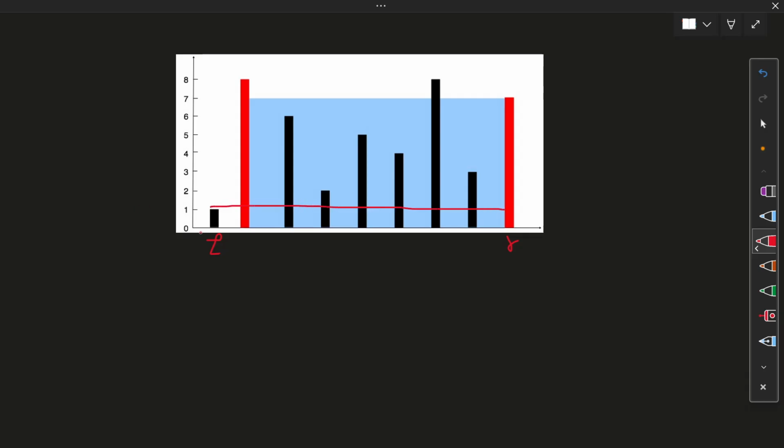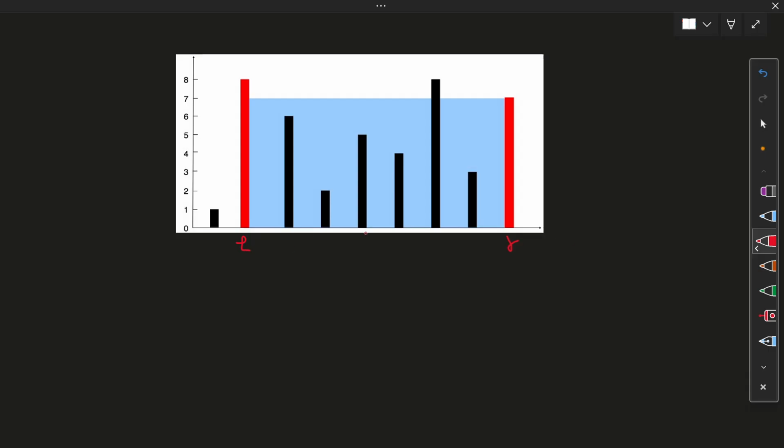The minimum height is this pillar, so the height is 1, and the width is 1, 2, 3, 4, 5, 6, 7, 8. So the amount of water stored between these pillars is height multiplied by width, which is 8. As our L is smaller, we will increment our L.